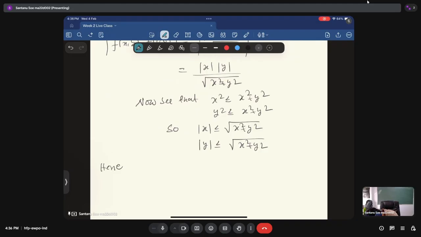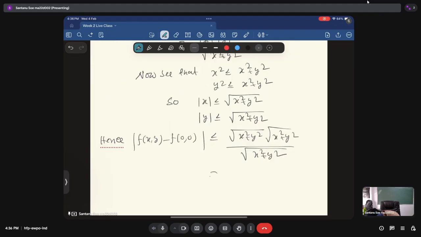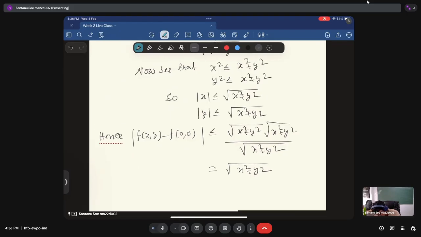Hence, modulus of f of x y minus f of 0, 0 is less than or equal to square root of x square plus y square times square root of x square plus y square divided by square root of x square plus y square. So this is same as square root of x square plus y square.